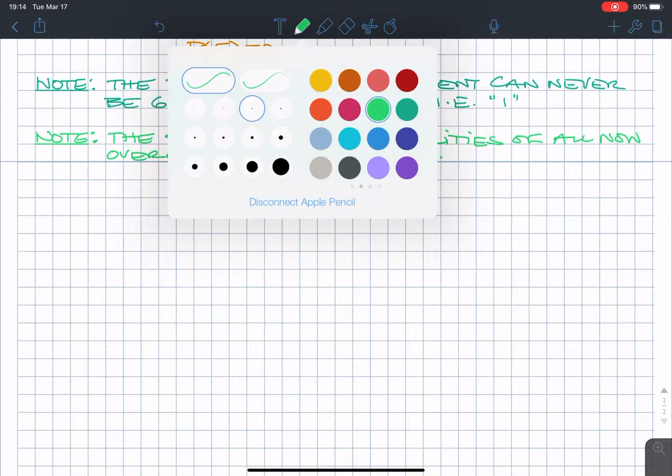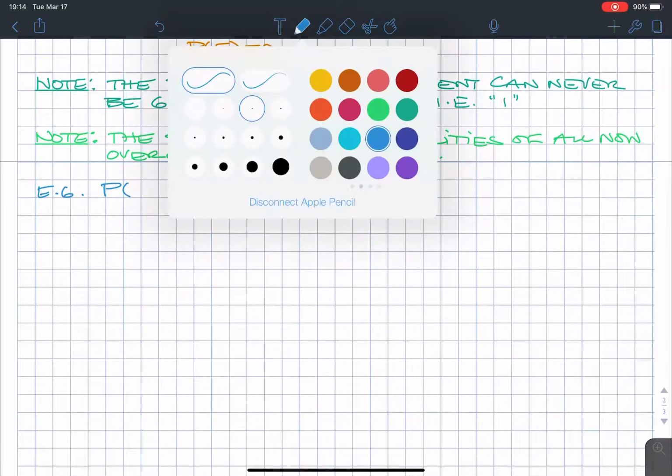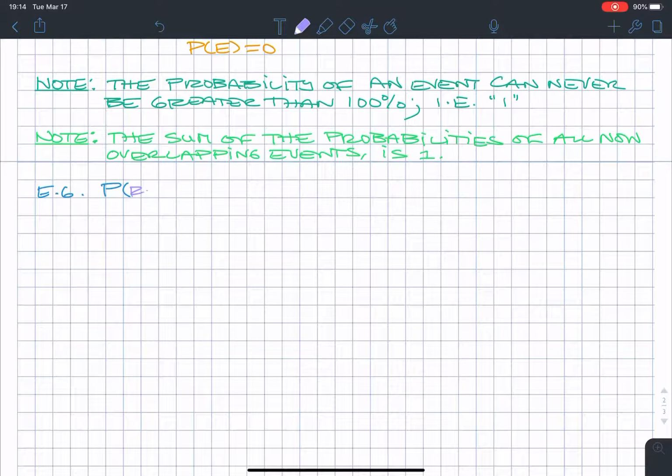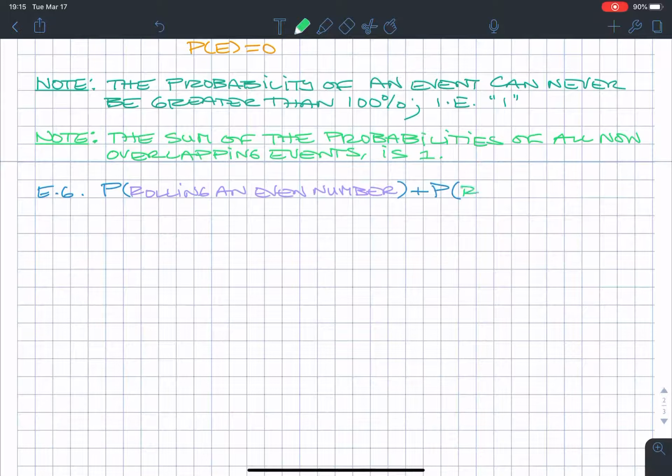So let me actually write that down. For example, the probability of rolling an even number plus the probability of rolling an odd number.